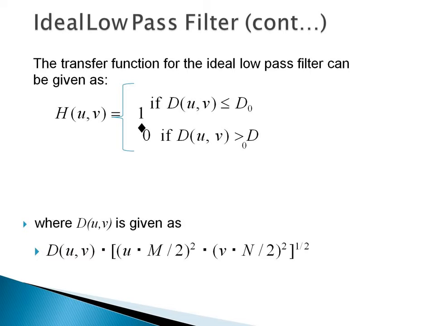So D(u,v) depends upon M and N, where u ranges over 0 to M minus 1 and v over 0 to N minus 1. So we are going to have M and N as the padded image size, M cross N.